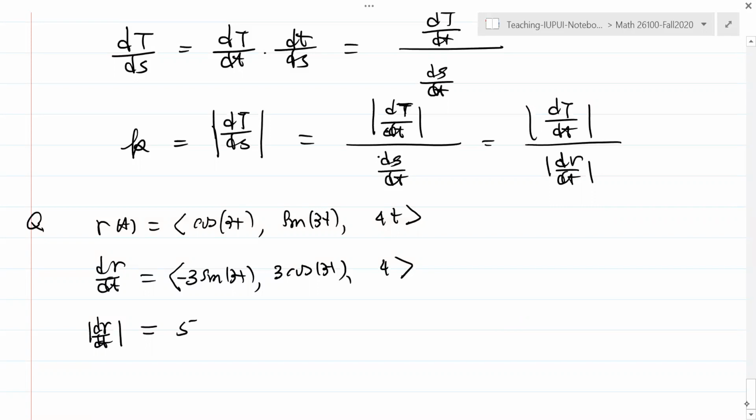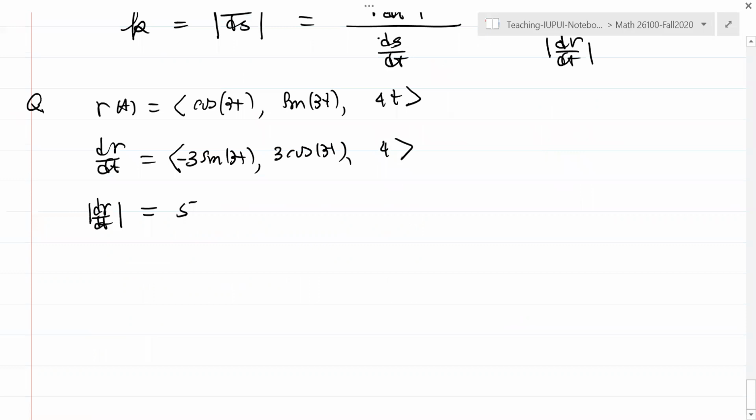Okay, so we already found out this is a 5. So the unit tangent vector will be a function of t. This is just dr over dt, and then normalize it. So this is going to be 5, so it's going to be -3 over 5.